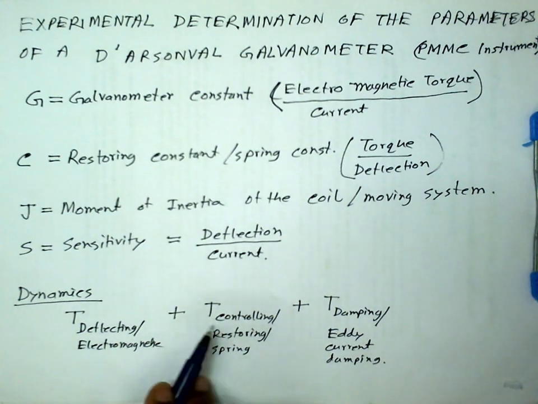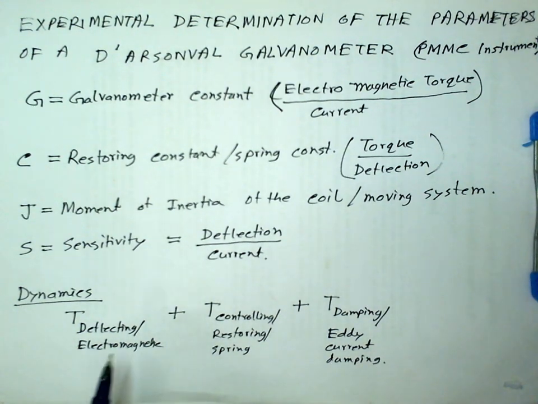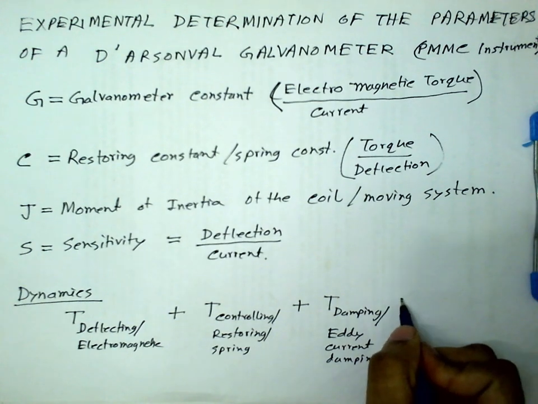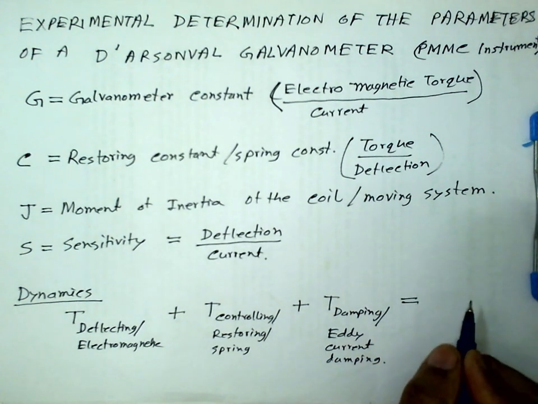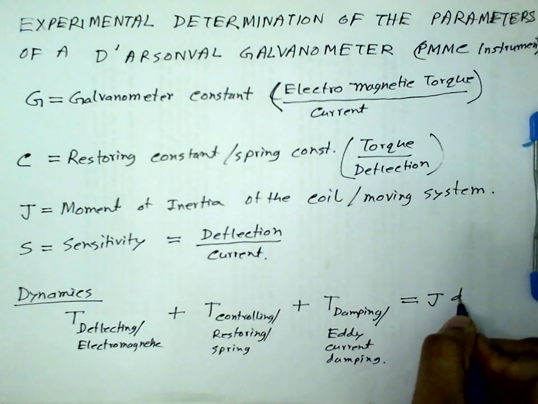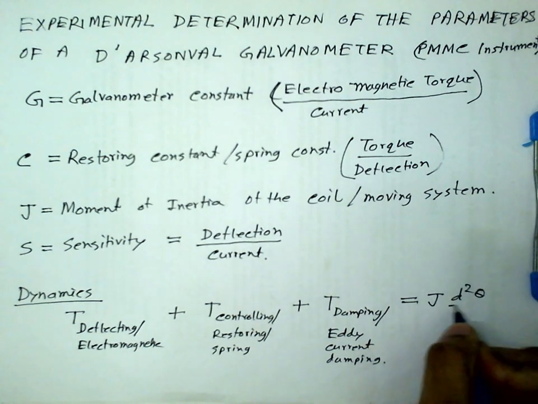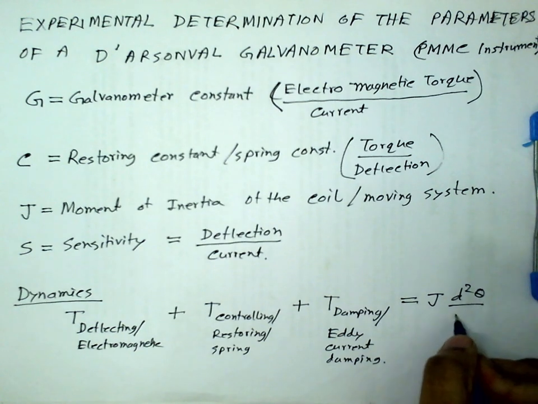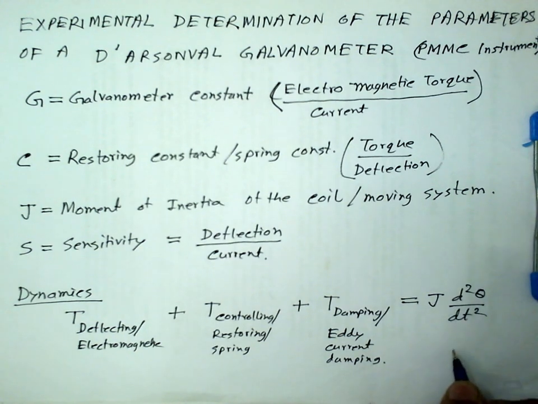So these are all the three torques that act on the coil. Together they should be equal to the moment of inertia J multiplied by the angular acceleration d²θ/dt², where t is time and θ is the angle of deflection.